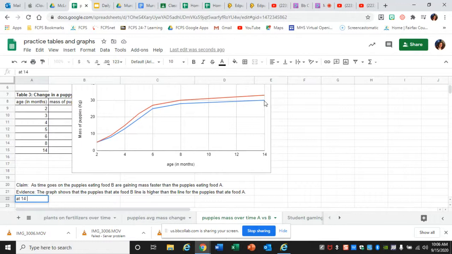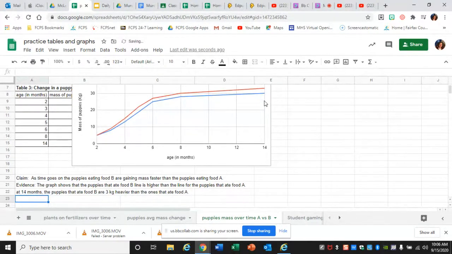At 14 months, the puppies that ate food B are 3 kilograms heavier than the ones that ate food A. Okay, you're with me? They seem like it. Yep. Okay. Nobody said anything.